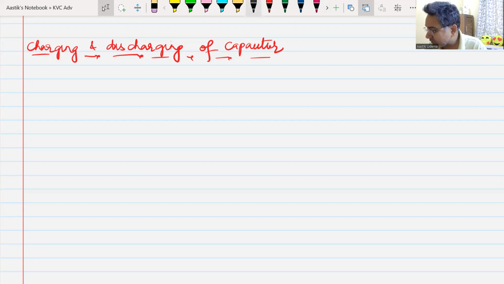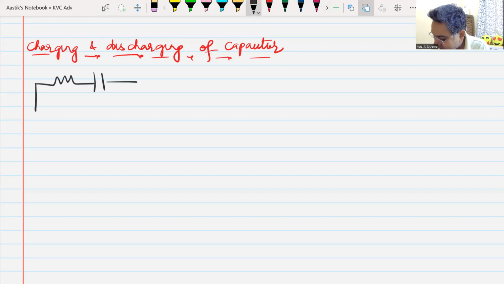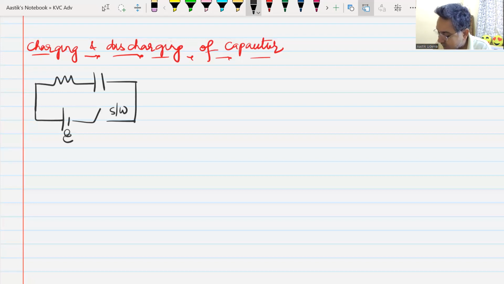Now, you must remember that whatever happens, in any circuit, even if I do not put any resistor, it will have wires, it will have a battery. So there would be some resistance of the circuit even if there is no resistor put. Do we understand this? So every circuit has a resistance.